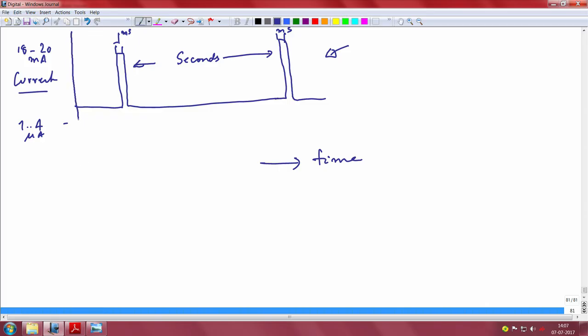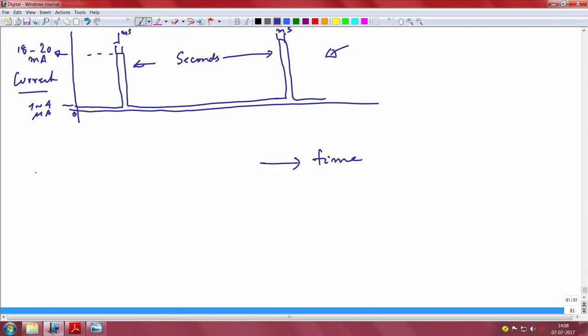So, what I will do is show it like this: this is 0, this is 1 to 4 microamps, then this one can be shown here. It is still not perfect to scale, but at least I hope it will give you a feel that you are very close to 0 in this case.